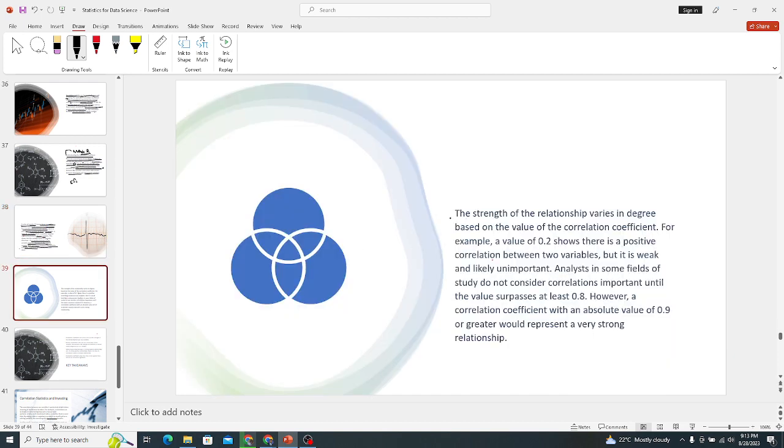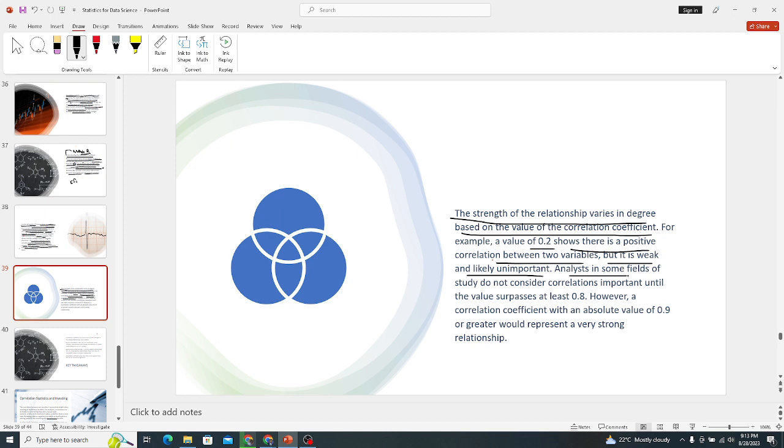The strength of the relationship varies in degree based on the value of the correlation coefficient. For example, a value of 0.2 shows that there is a positive correlation between two variables, but it is weak and likely unimportant.